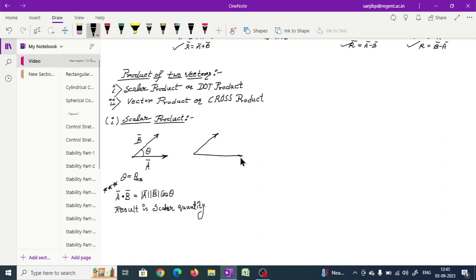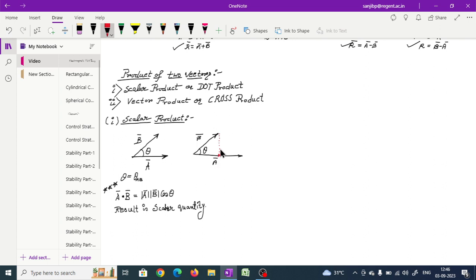I just increased the length of this vector, all those things are the same as before, with the angle theta. Now I draw a dotted line, which is obviously perpendicular to it, placed here.